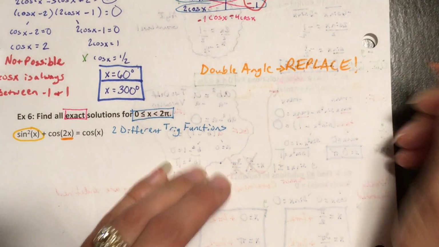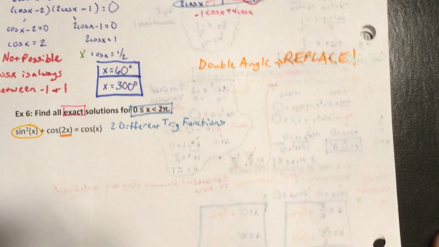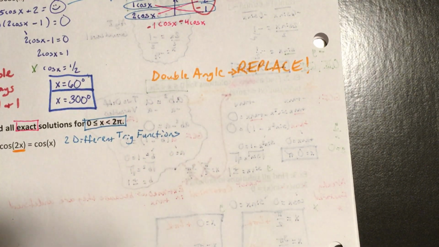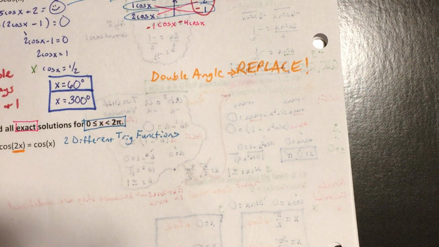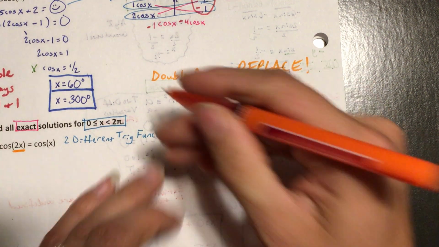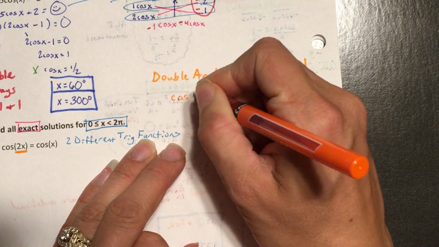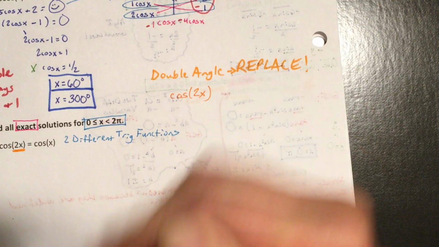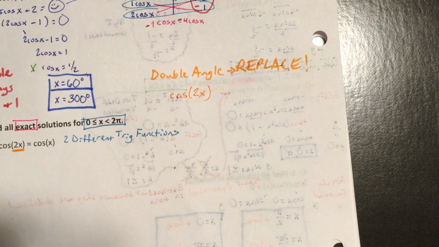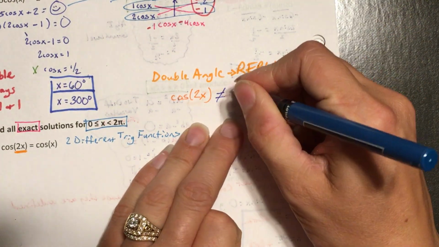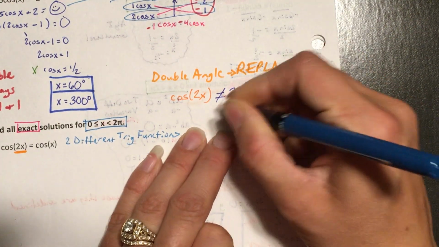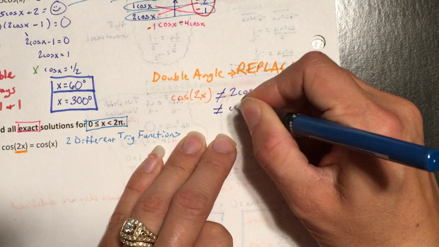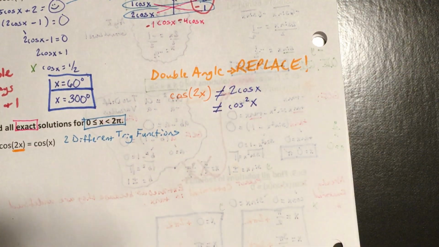You can never just work with this expression cosine of 2x as is. You have to replace it with something from your formula sheet. So unfortunately, it's not as easy as this. Cosine of 2x is not the same as 2 cosine x.